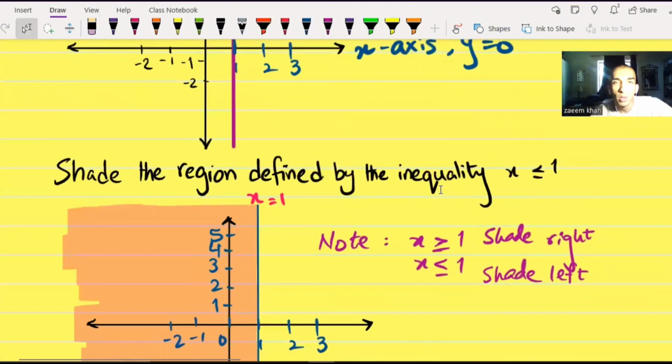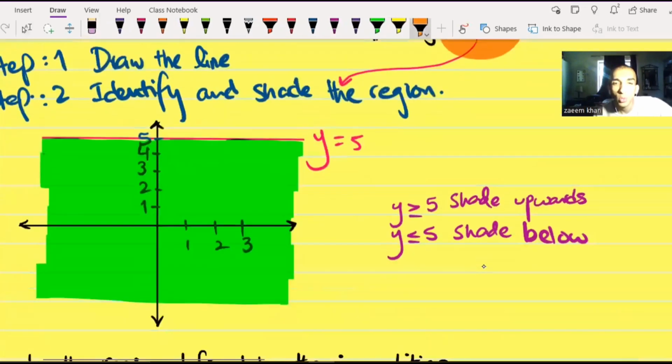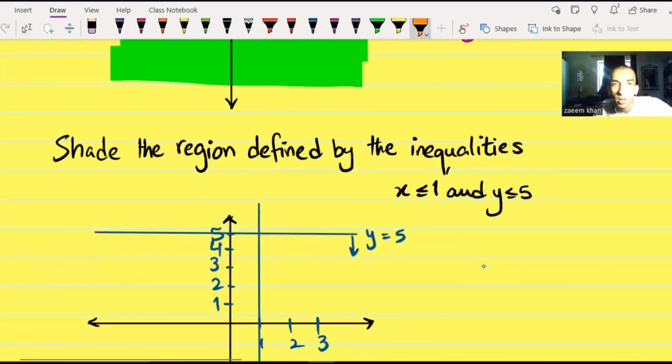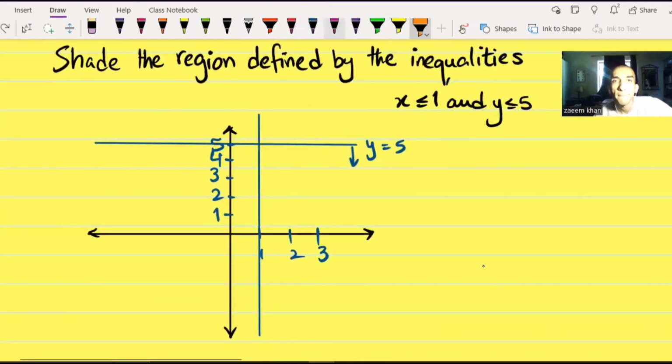Remember I said something about an inequality being in isolation. This is one inequality, and this is also one inequality. What if you get two inequalities? They're asking you to shade the region represented by x is less than or equal to 1, and at the same time the region represented by y is less than or equal to 5. What part would you shade? The bottom left of both.